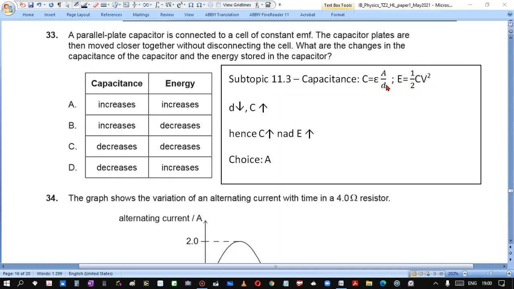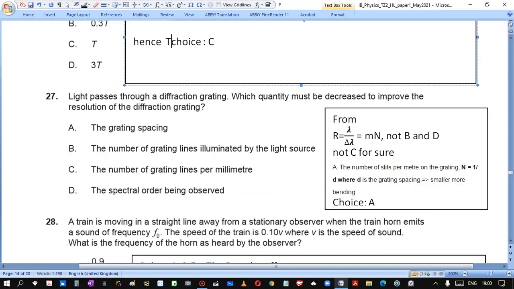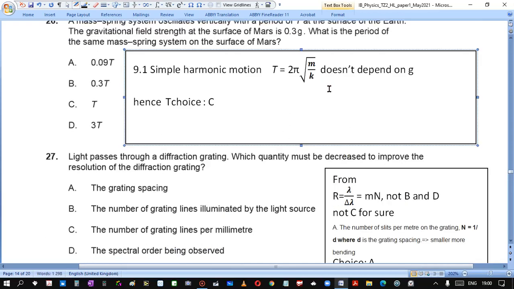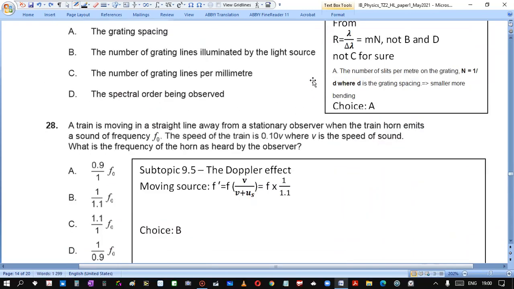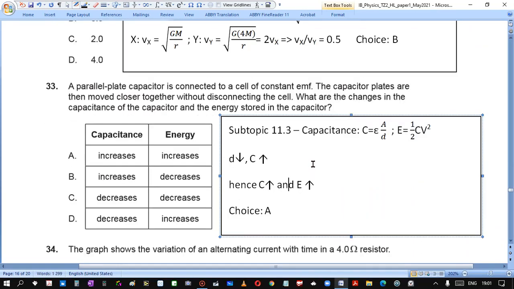From the first formula we realize that when distance decreases, capacitance increases. From the second we see that as capacitance increases, energy also increases. So the answer is choice A.